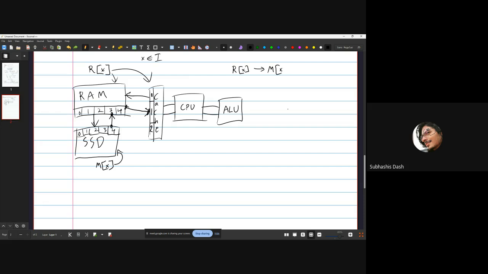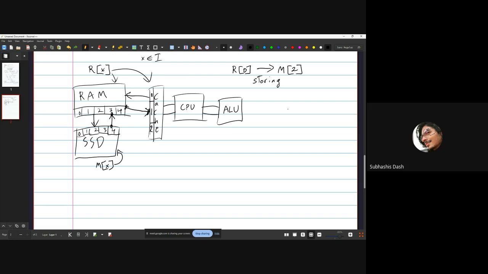But for our purpose, if we take some data from a location in the register, let's say the zeroth place in R, and we copy whatever data is in there into memory location, let's say 2, so we are copying from register 0 to memory location 2, then that is called storing.